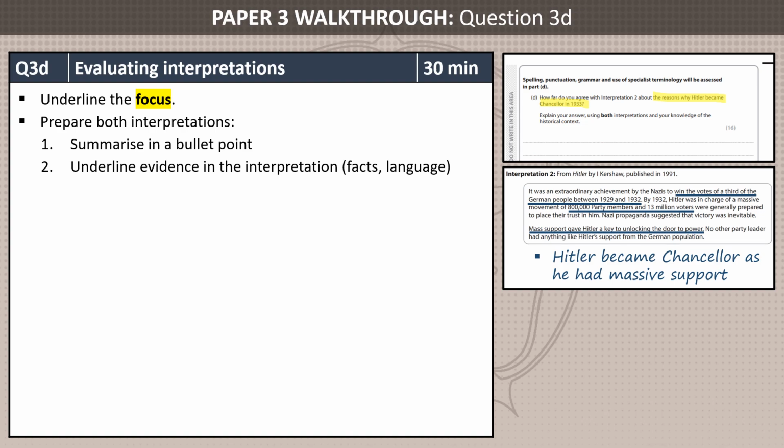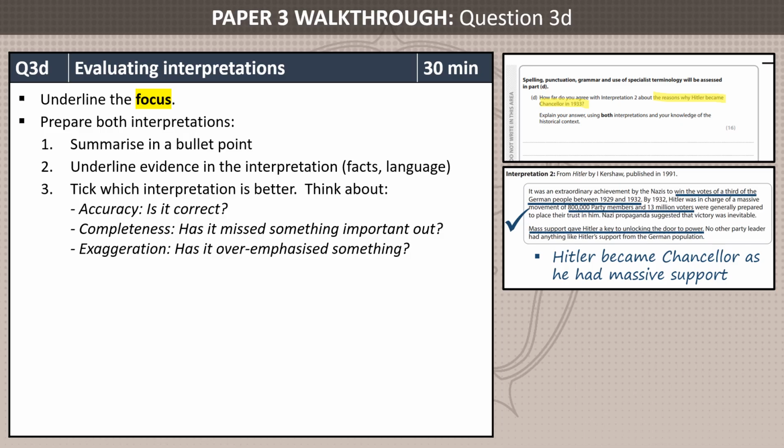So, for example, if the historian has used the word disaster, well, that's a very strong opinionated piece of language, so I might pick up on that. I also keep in mind that I'm looking for particular things that the historian has written, which I know stuff about, because I can use my knowledge to support or challenge it.